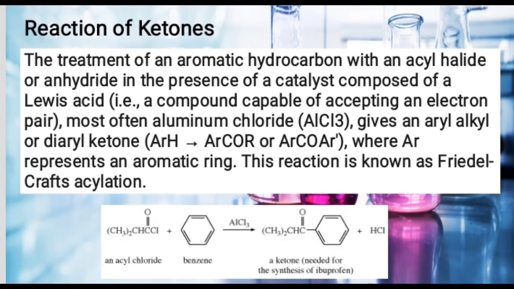The treatment of an aromatic hydrocarbon with an acyl halide or anhydride in the presence of a catalyst composed of a Lewis acid, most often aluminum chloride, gives an alkyl or aryl ketone, where R represents an aromatic ring.